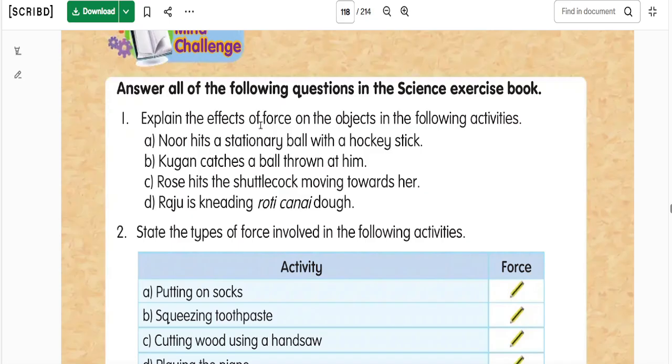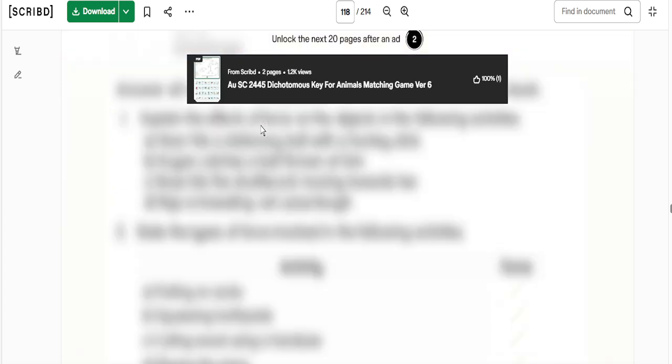The force applied by a stick makes a stationary ball move. In the second one, when the force is applied by Kagan's hands, it stops the moving ball, bringing it to a rest, right? That means by applying force, we can stop a moving ball, right? Next one. Okay, 1 minute.